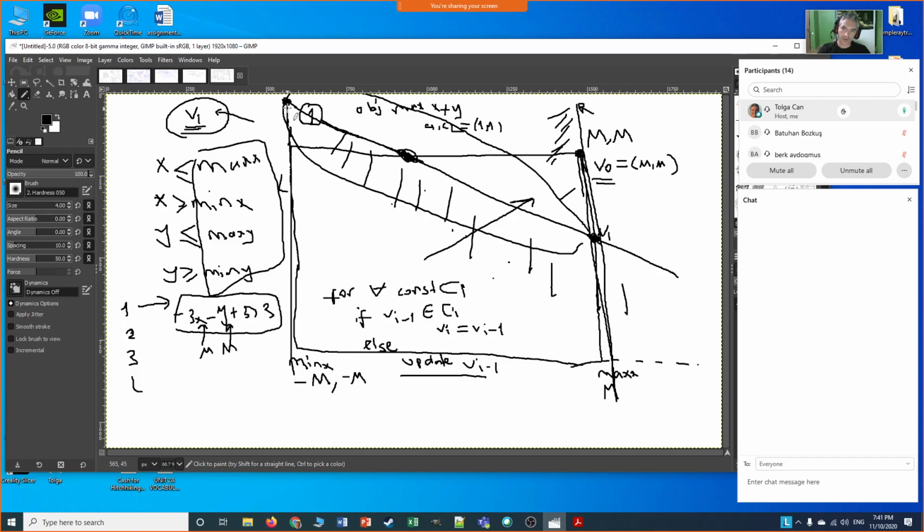For the left boundary, any part to its right is feasible. So the interval is now reduced to this one, and the top boundary reduces the interval to this region. Now this becomes the feasible interval.